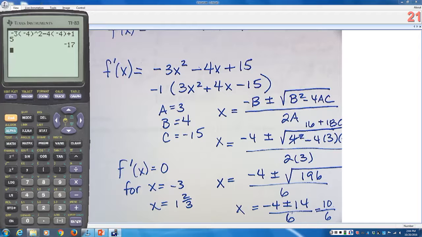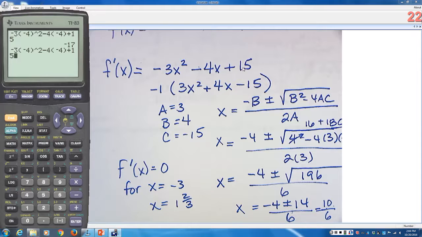And then I bet when I plug in zeros in place of those -4s, it's going to be positive. In fact, I know it is, because 0 plugged in there is going to make that disappear, going to make that disappear, and all I'm going to have is 15. So it's going to be positive on this interval until I get to the next critical number, 1 2/3. And then I'm going to plug in 3 and verify that it's going to go back to being negative.